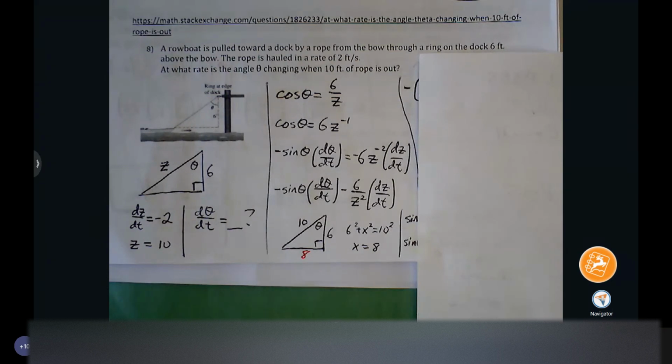Fill in the size of the triangle. 8 is going to be the missing side.